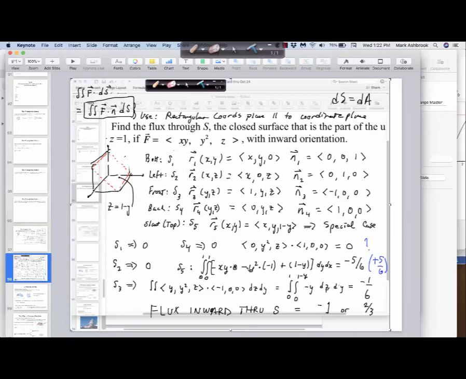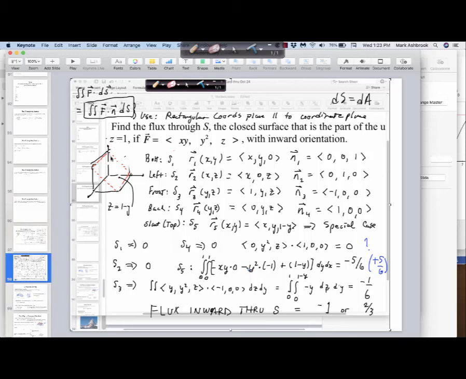Okay, here's where we left off in class, and Tingyu came up after class and was able to point out what happened here with the negative 5/6 versus the positive 5/6. So when we did S5, we found the flux through the top, and we used the special case. Well, the special case would be for a positive Z orientation. So this number that you guys got, this positive 5/6, is correct for that.